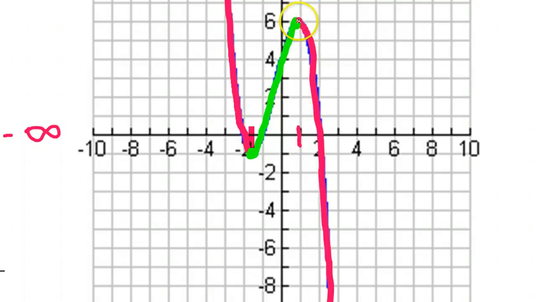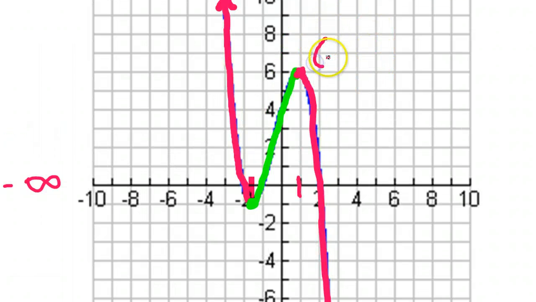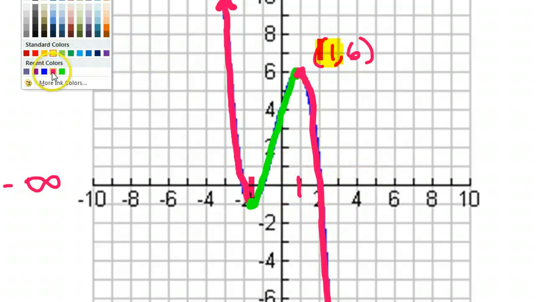This is the point where the decreasing interval starts. It's about 1, 6, but all we care about is the x value. So we're looking at the 1. And how far does that go to the right?